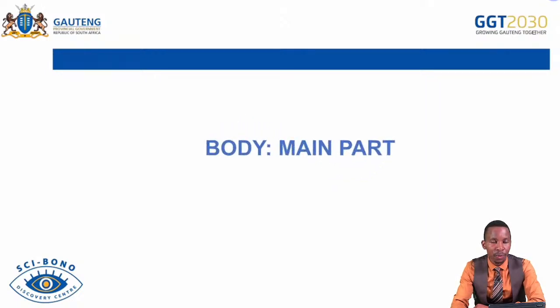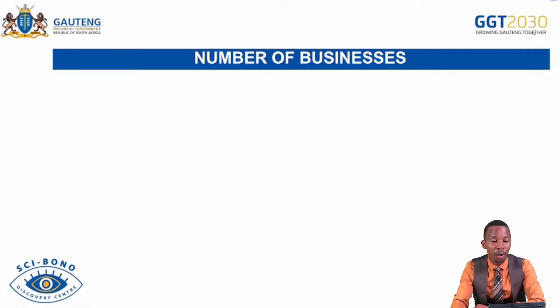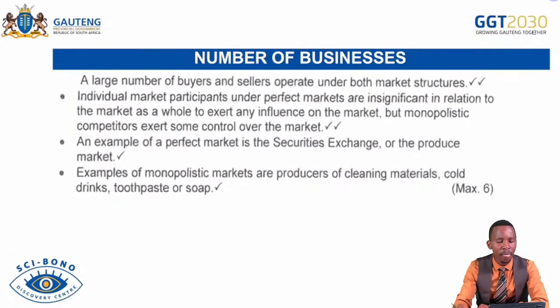And then we continue to the main part, or the body of the essay. Number of sellers. A large number of buyers and sellers operate under both structures. In both perfect and monopolistic, there are many sellers. Individual market participants under perfect market are insignificant in relation to the market as a whole to exert any influence on the market.